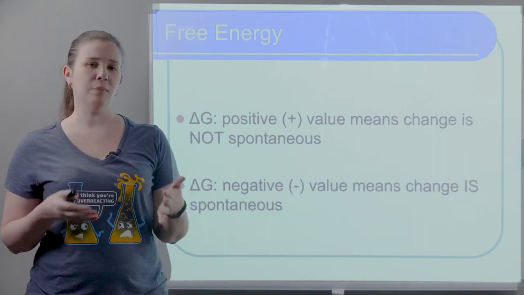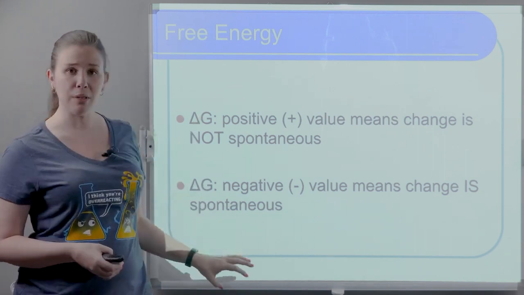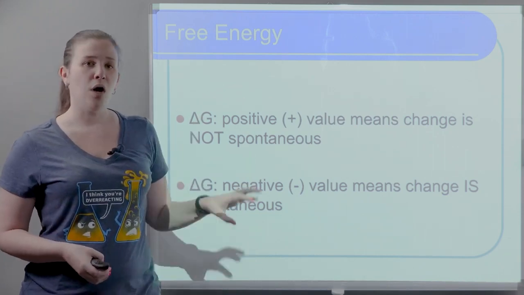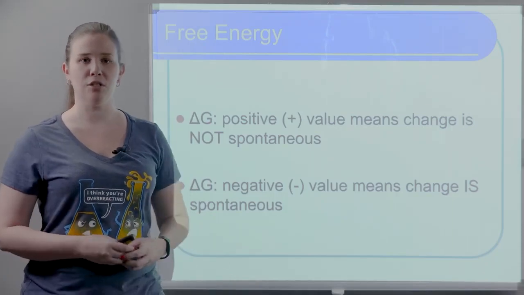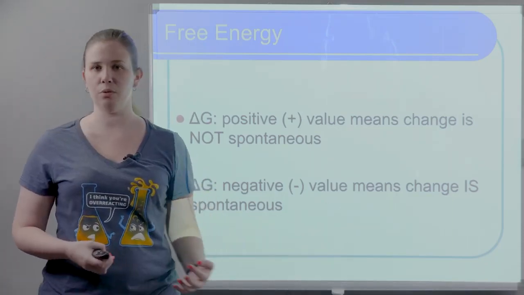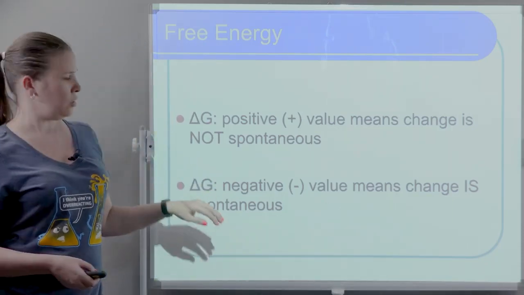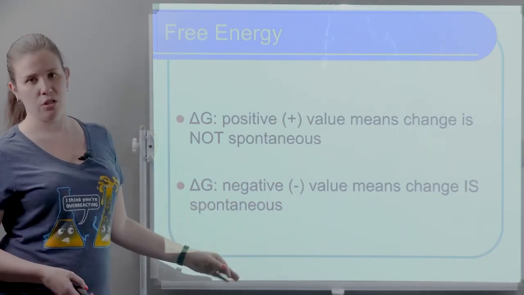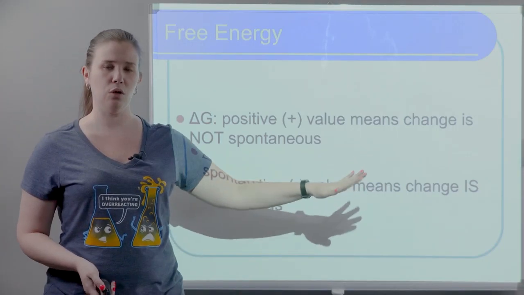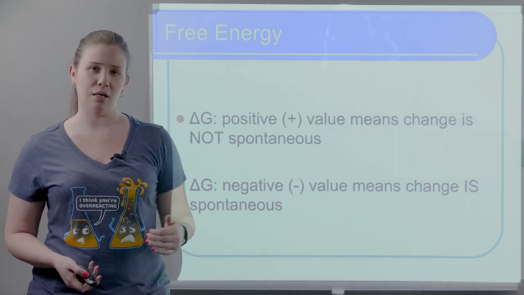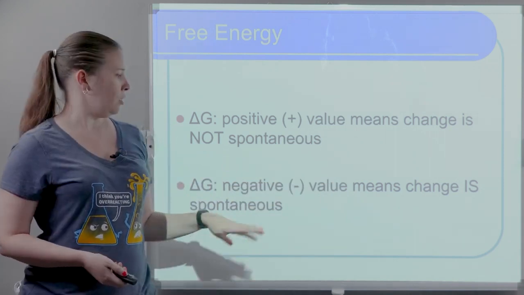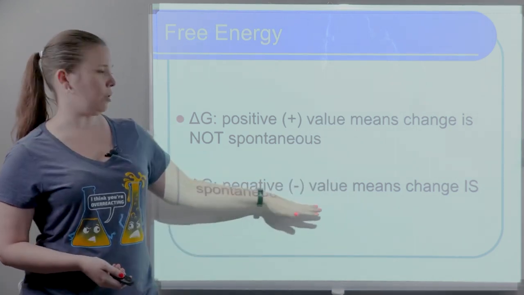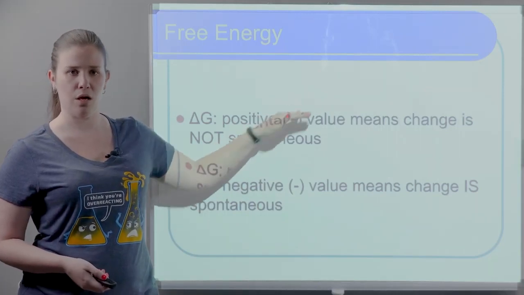So the idea is typically we want reactions to be spontaneous. We want to design chemical reactions that are going to automatically give us the products without costing us money. So we want a negative delta G in order for the reaction to occur on its own without needing that extra input of energy. So you can tell by your delta G whether that reaction is spontaneous or not.